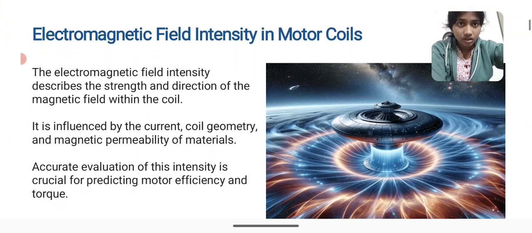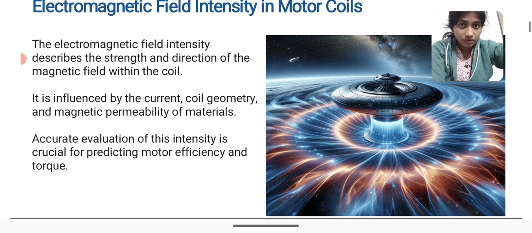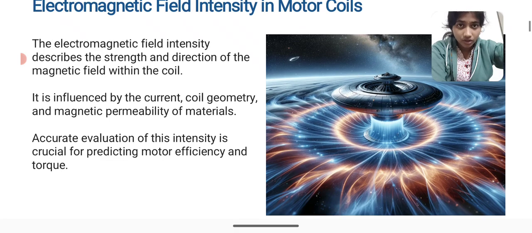Next, electromagnetic field intensity in motor coils. The electromagnetic field intensity describes the strength and direction of the magnetic field within the coil.